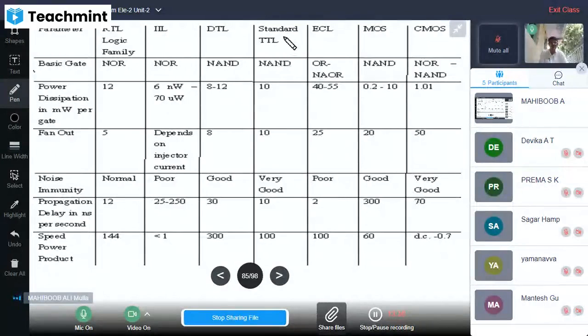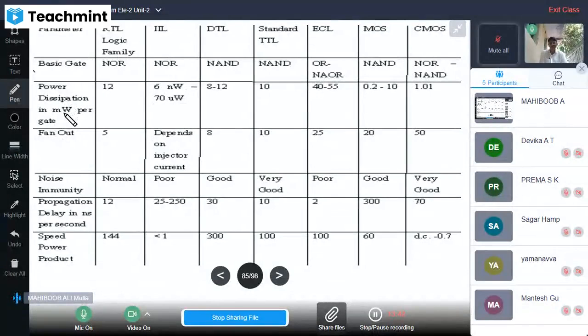DTL, NAND gate is used. Standard TTL, NAND gate is used. ECL, OR and NOR gates are used. MOS, NAND gate is used. CMOS, NOR as well as NAND gates are used.